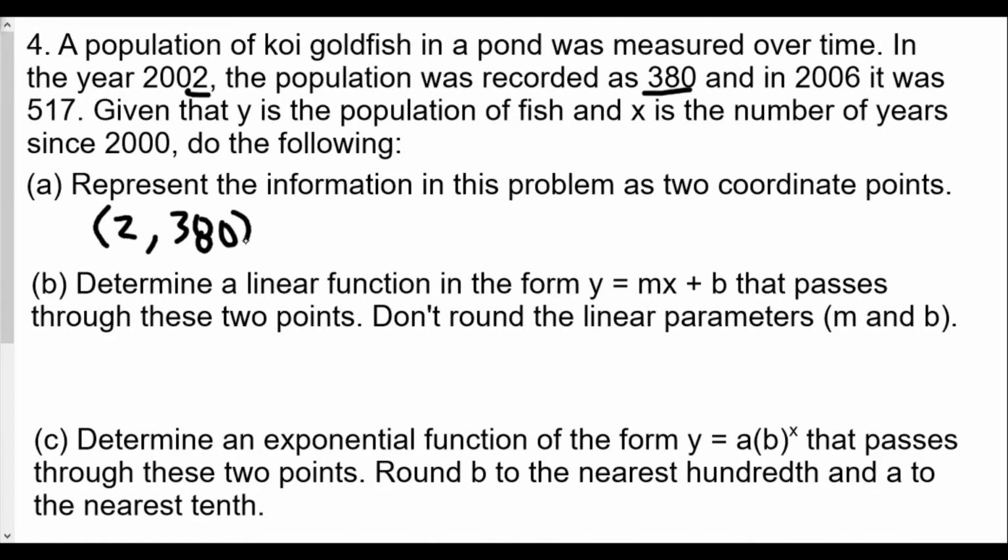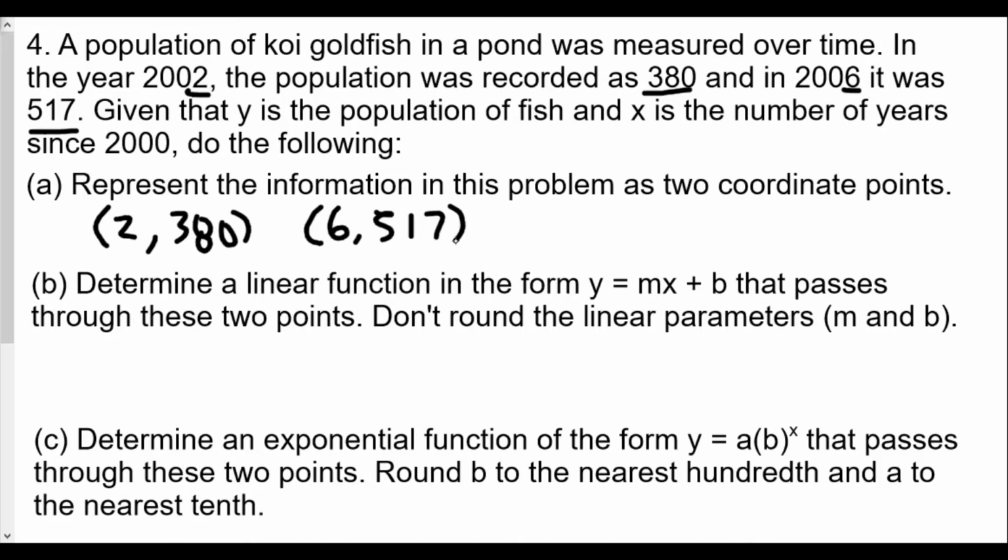In 2006, it was 517. So we're going to use the 6 for the x value for the second coordinate, and then the y value of 517, the population there. And so part A is just going to be 2, 380 and 6, 517.